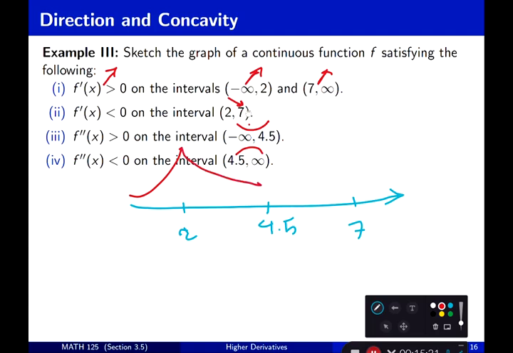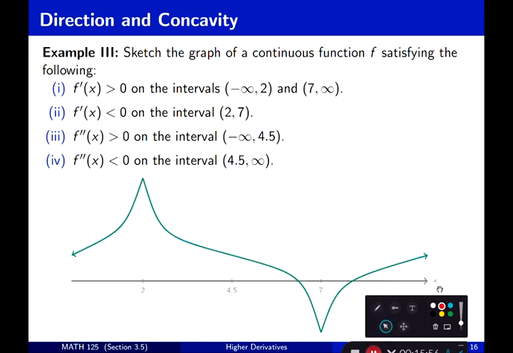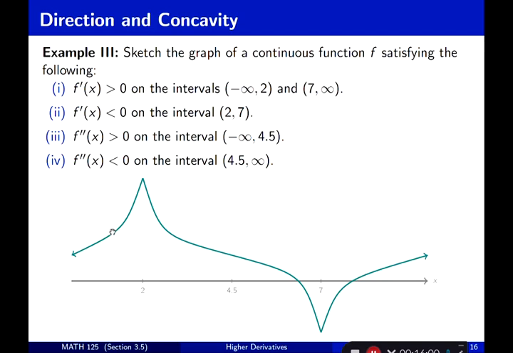And then between 4.5 and 7, it's looking down and decreasing. And so it looks like this. And then after 7, it's still looking down and it's increasing this time. So it looks like that. And so that's how we basically find the graph of the function.